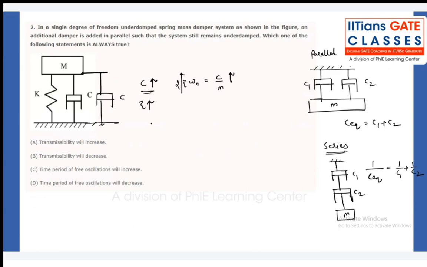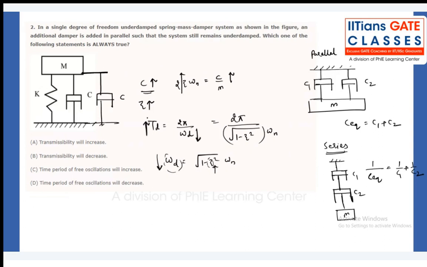What about the formula for the time period? 2 pi by omega d. 2 pi by square root of 1 minus zeta square into omega n. My dear friend, omega d can be written as square root of 1 minus zeta square into omega n. When zeta increases, this quantity will decrease, this quantity will always decrease.